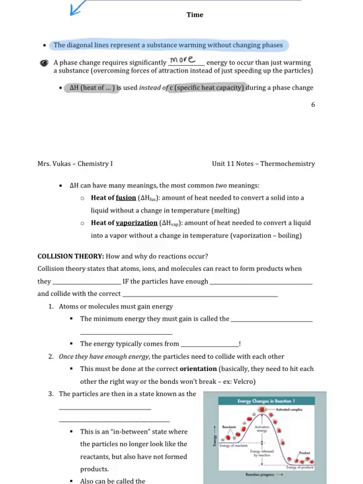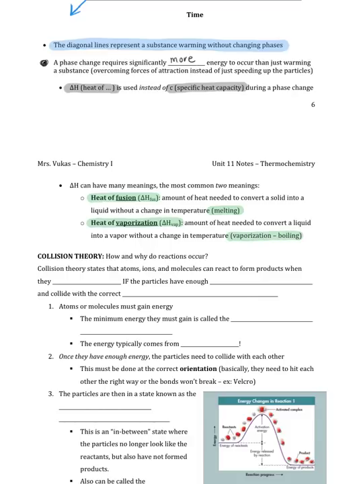Now delta H is talking about how much energy you need for a phase change. There are two different delta H's. There is heat of fusion, the amount of energy needed to convert a solid to a liquid, so essentially how much energy it takes to melt something. Then there's the heat of vaporization, which is the amount of energy you need to essentially boil something.